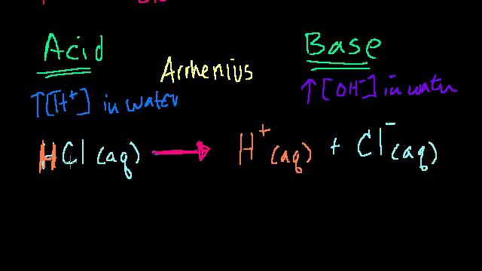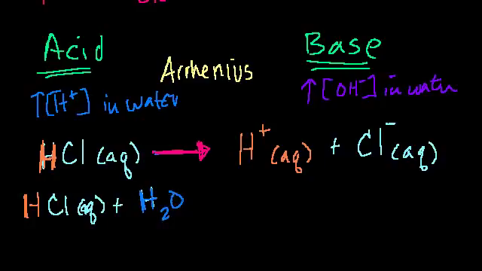So you could imagine if you place hydrogen chloride in water, you're going to increase its overall hydrogen concentration. And the same exact reaction could have been written like this, just to hit the point home. Hydrogen chloride in an aqueous solution, plus H2O.